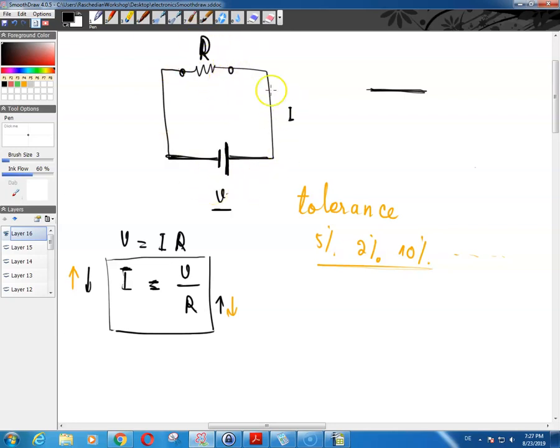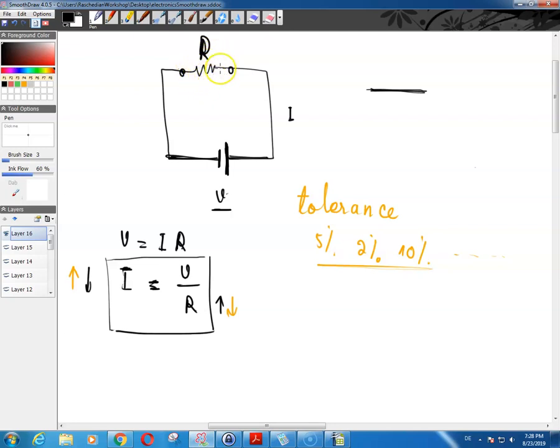So now current is going through this resistor, and of course work is being done, meaning that the resistor is resisting the flow of current. The whole process results in heat building up in your resistor.